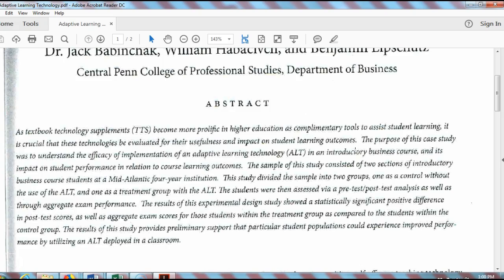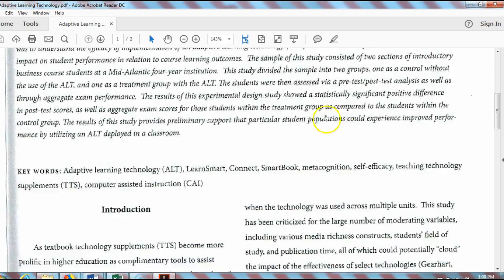For what we're doing in this class, we're just not going to have all those elements, so an abstract doesn't necessarily make sense. We're going to skip that right now, but when you eventually move into the capstone phase of your studies, you will need to do an abstract because you will have all those elements in place, and you could summarize them all within about 250 to 300 words.